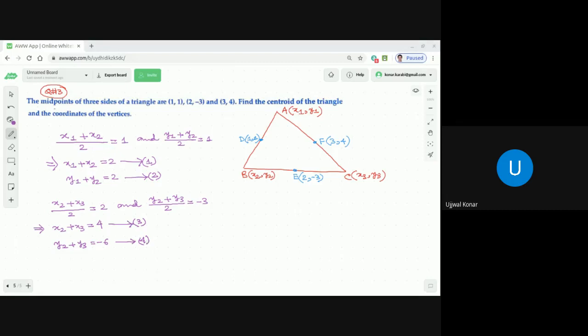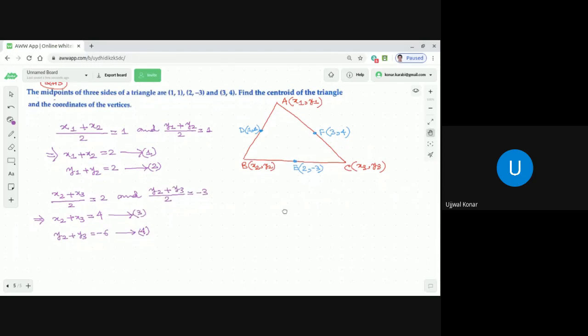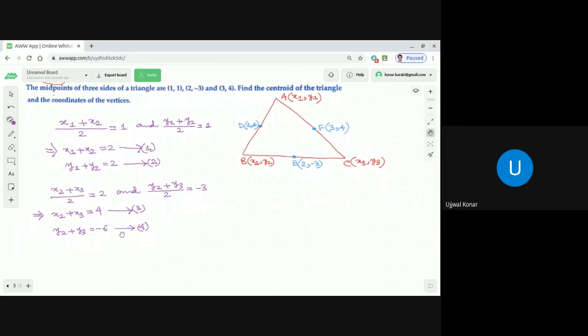And in the similar manner, the coordinate of the point F, that is a midpoint of AC, so the same concept we can apply here, and we can write x3 plus x1 divided by 2 is equal to 3, and y3 plus y1 divided by 2 is equal to 4.